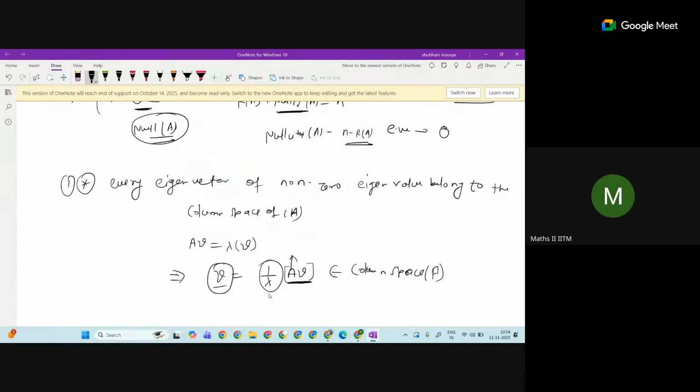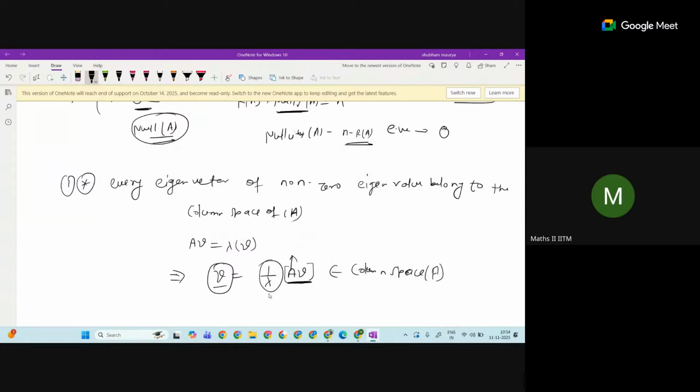That is the beauty of eigenvectors. If the eigenvalue is zero, then the eigenvector belongs to the null space. If we get the eigenvector of a non-zero eigenvalue, then it belongs to the column space.